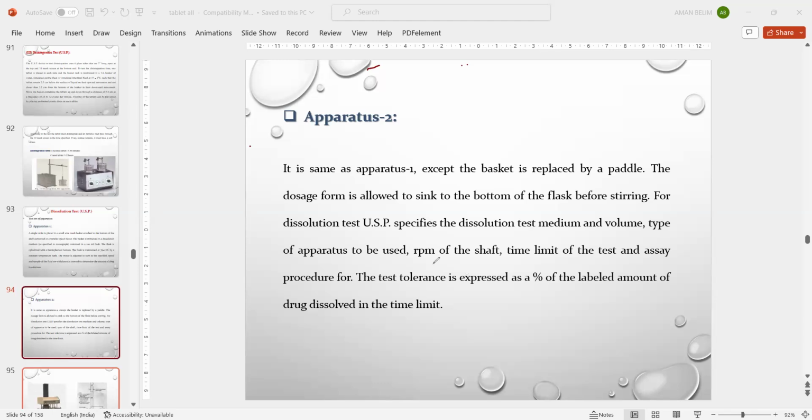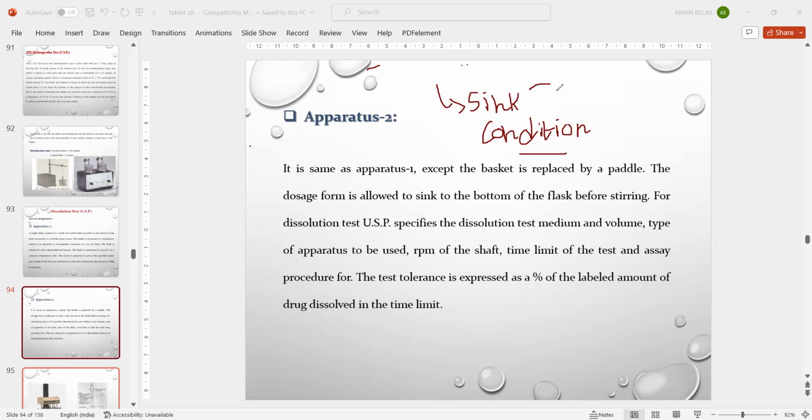So that is the sink condition. When we have to maintain sink condition, what is sink condition? First, tell me what is sink condition. No, sink condition doesn't mean floating. Anyone, what is sink condition?